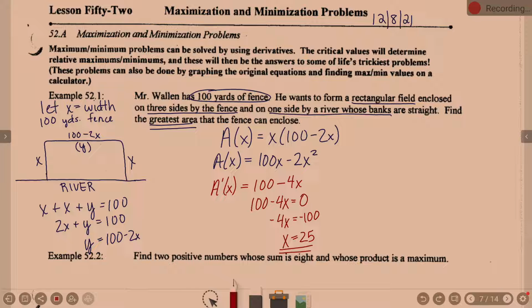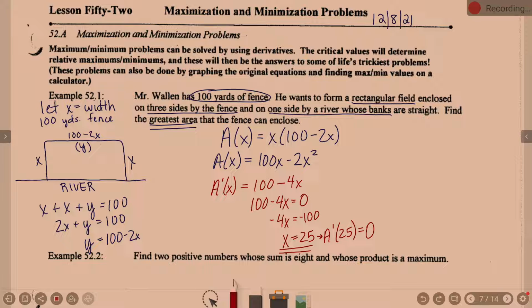So what we know right now is that when we do the derivative evaluated at 25, that's going to equal 0, yes? Because that was a critical point.